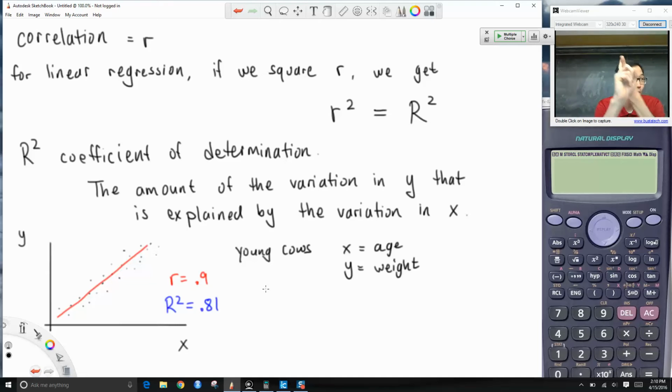Age is going to be one of them, but it could also be diet, how much the cow is eating, how much exercise the cow's getting, genetic factors, maybe the cow is coming from a long line of very big cows. So there are lots of factors going into determining cow weight.